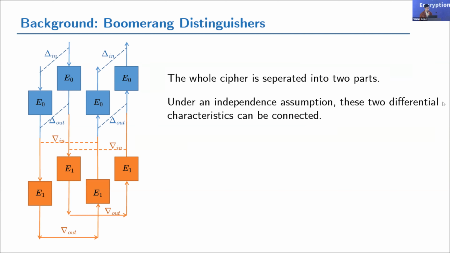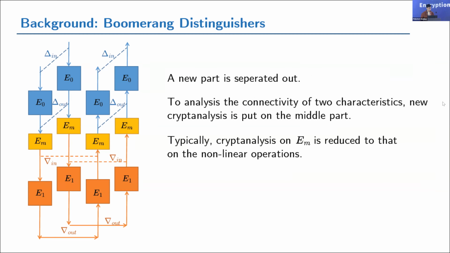However, previous work found that this assumption may not always hold, and several techniques were proposed to fix this problem. One of them is the sandwich framework, like this figure. In the middle, a new part is separated out, called the switch and denoted by EM. Special cryptanalysis is put on this part to analyze the connectivity of the characteristics.